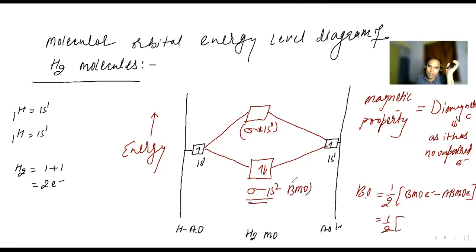What is ABMO? The anti-bonding molecular orbital. So that is 2 minus 0, which is 1 by 2 into 2. The 2 cancels out, so it is going to be 1. So you can write that as H single bond H. This is the concept behind the molecular orbital.